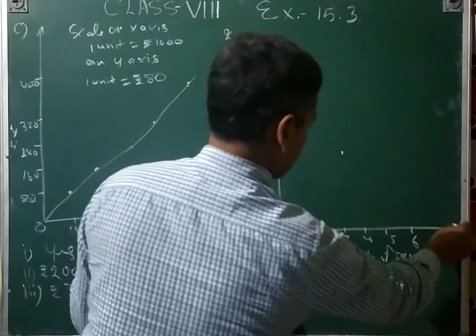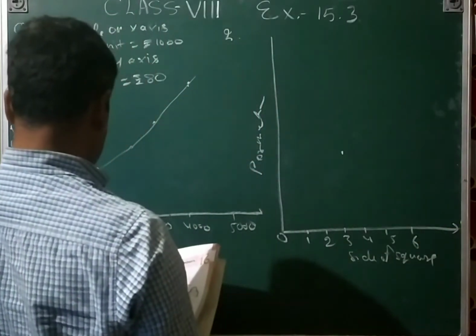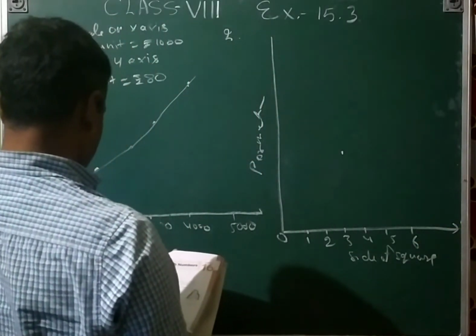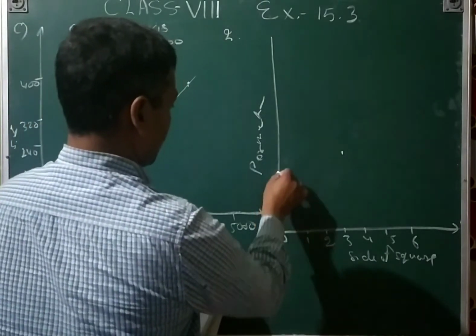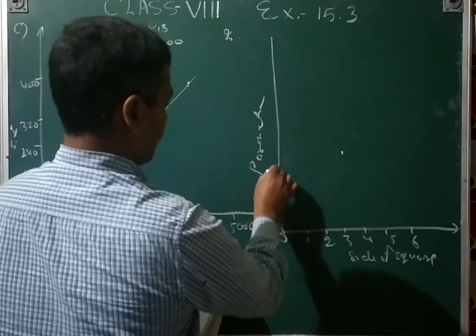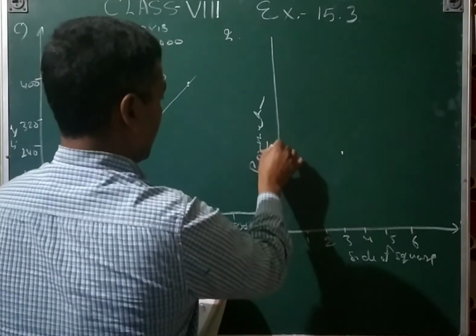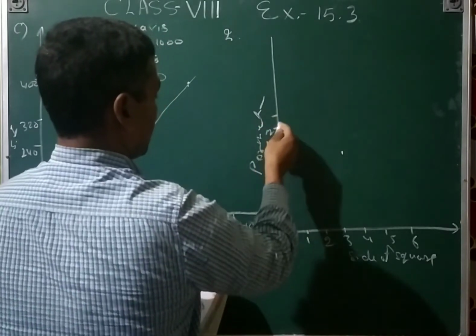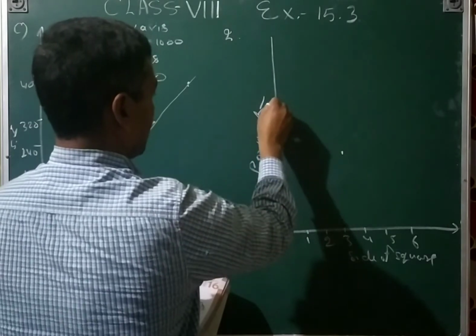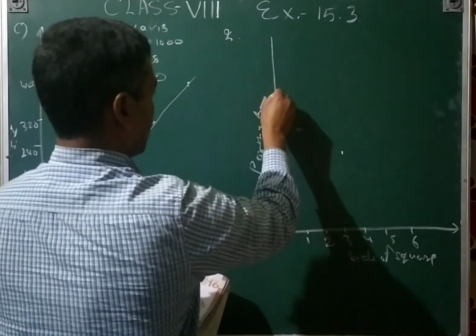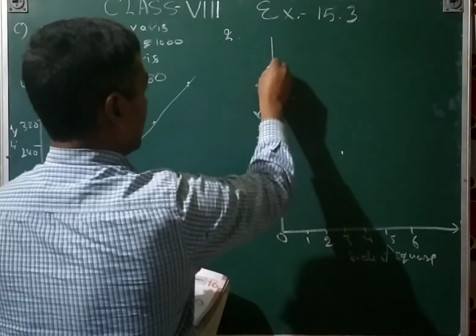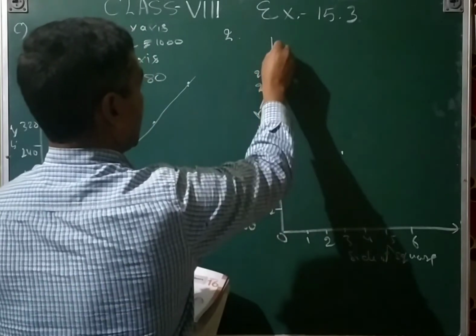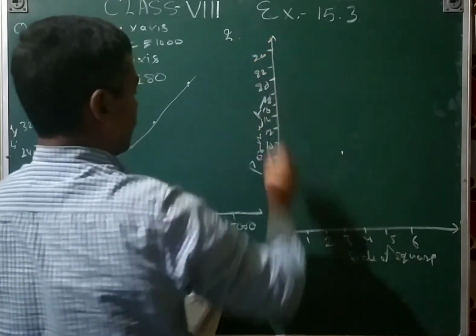Maximum is 6. And then here we will write the table of 2. That is 2, 4, 6, 8, 10, 12, 14, 16, 18, 20, 22, 24.